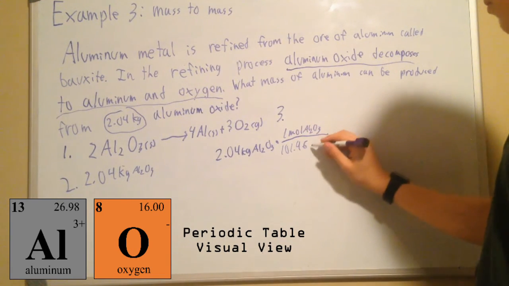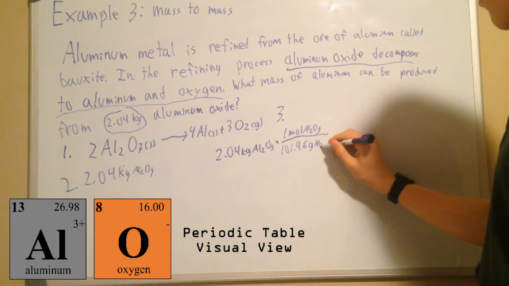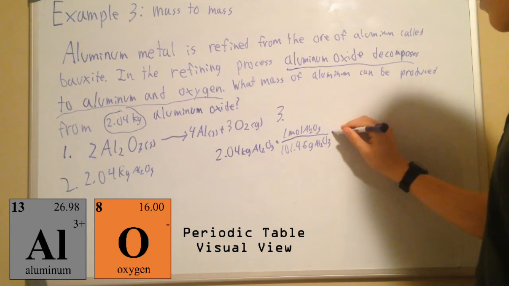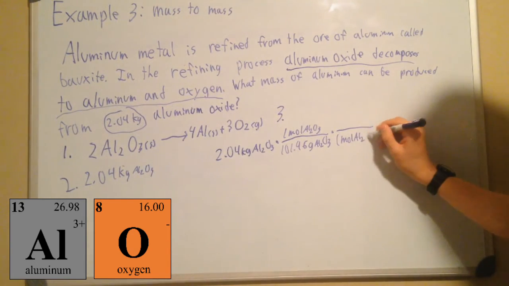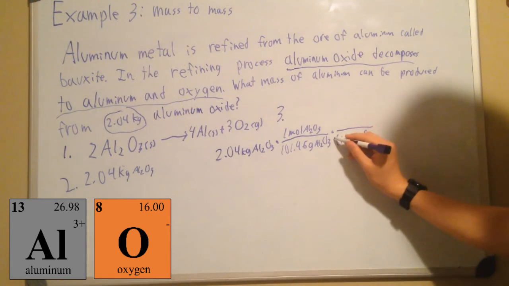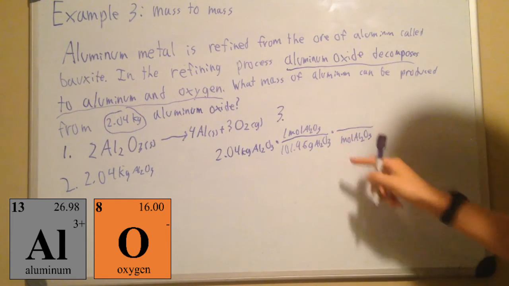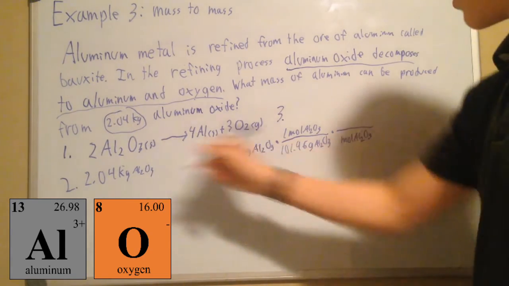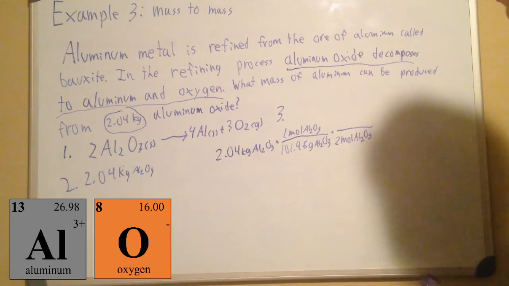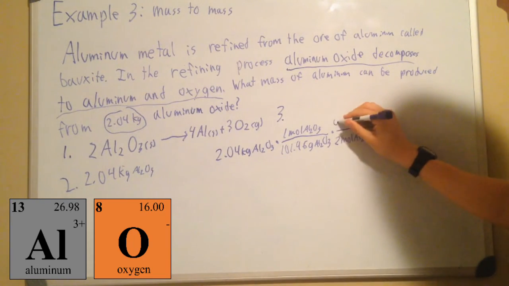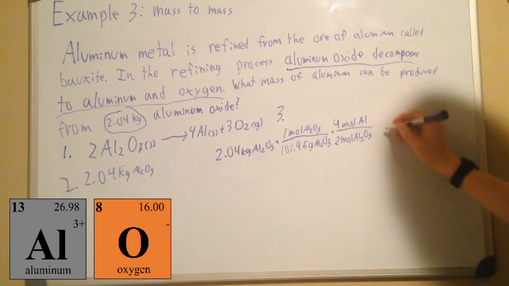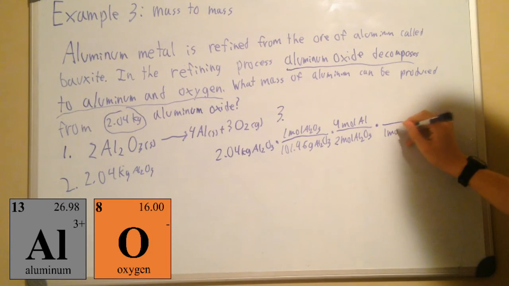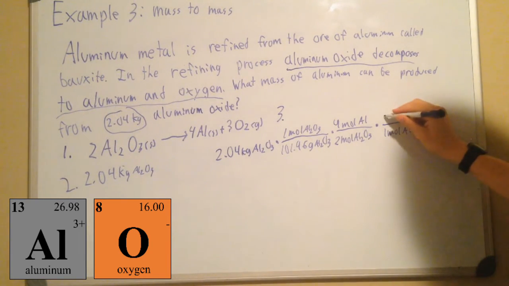Next, we'll multiply by the molar ratio between aluminum oxide and the pure aluminum, which we're solving for. For every 2 moles of aluminum oxide, we will produce 4 moles of pure aluminum. And finally, we're not done yet. We're going to convert that to grams. So for every 1 mole aluminum, we're going to have 26.98 grams, which once again you'll find on your periodic table.